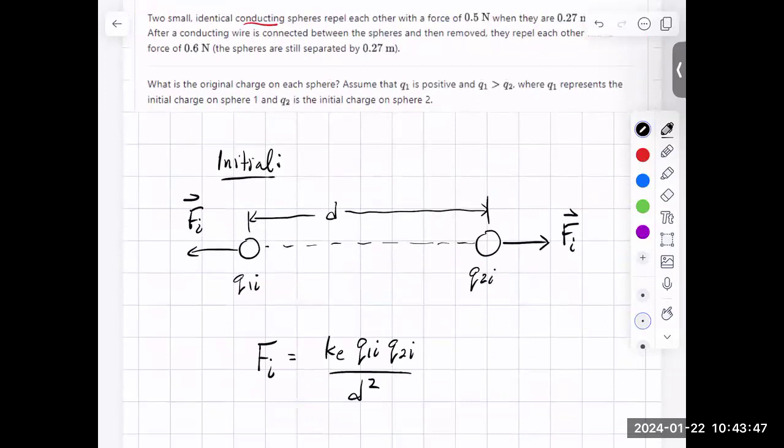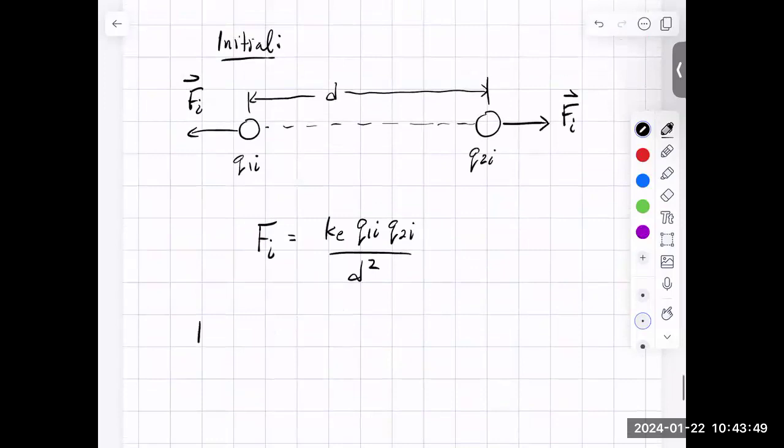All right, good. So then we're going to connect these two charges with a wire. Whichever one has the bigger charge, some of that charge will leak off and go to the second sphere. These two conducting spheres are identical in size.